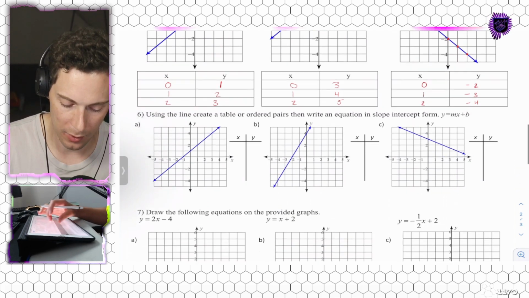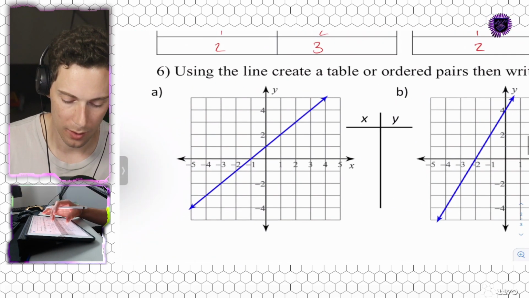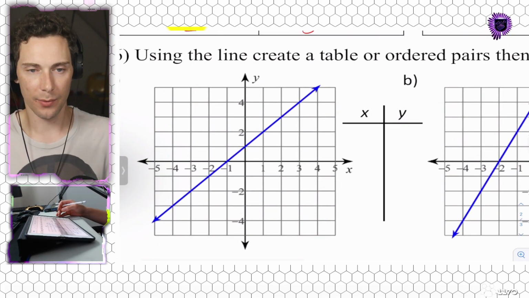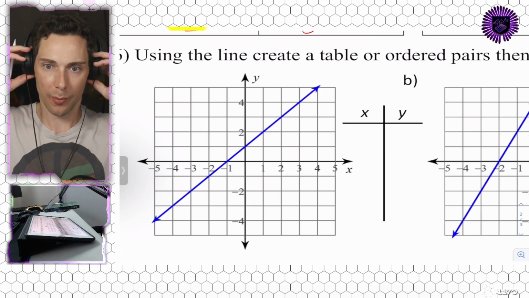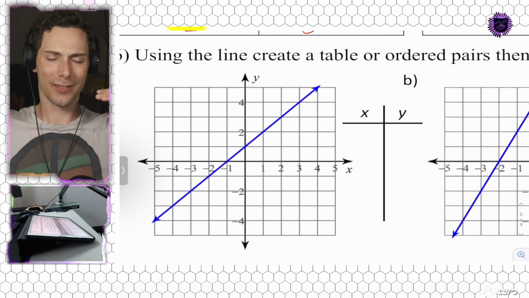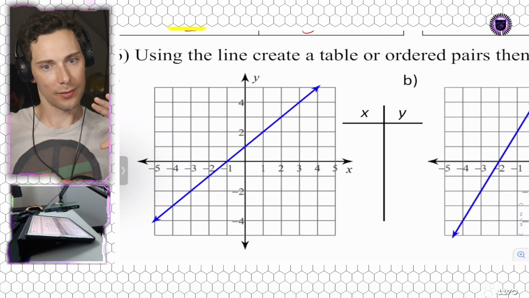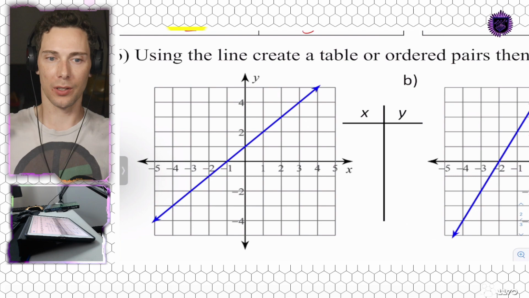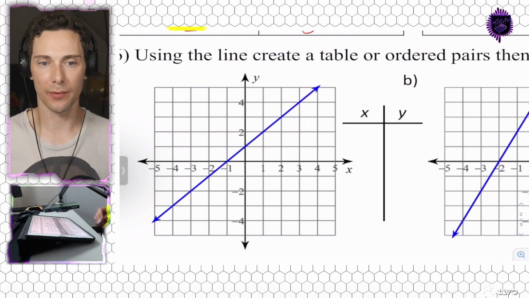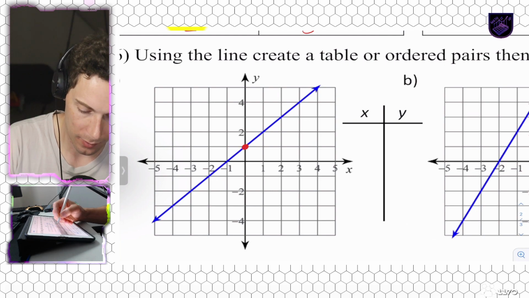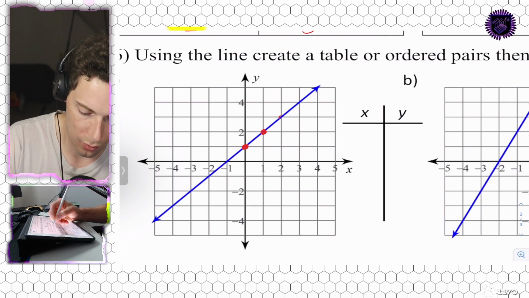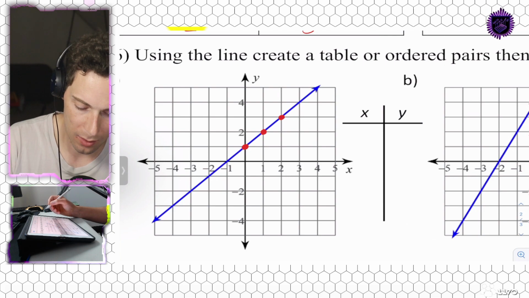Okay, so next step, we're going to do the same idea. We're going to take these plotted points and put them onto our t-chart, and then try and come up with a formula after we look at our patterns and growth pattern. So let's start here. 1, 2, 3. Let's start with 3.